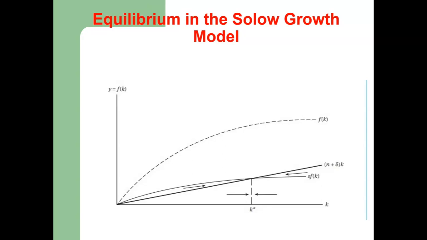As a result, k in the economy is growing toward the equilibrium point k*. By similar reasoning, to the right of k*, (n + δ)k is greater than s f(k), and as a result delta k is less than 0. Again, refer to this equation: capital per worker is actually shrinking towards the equilibrium.